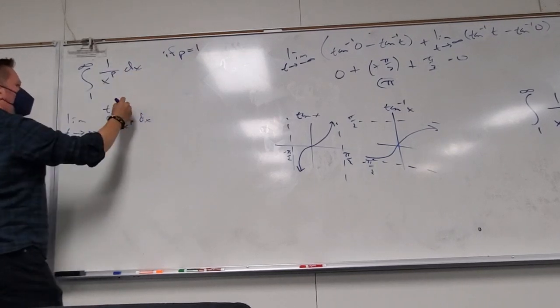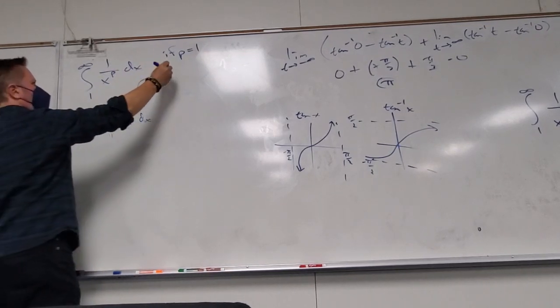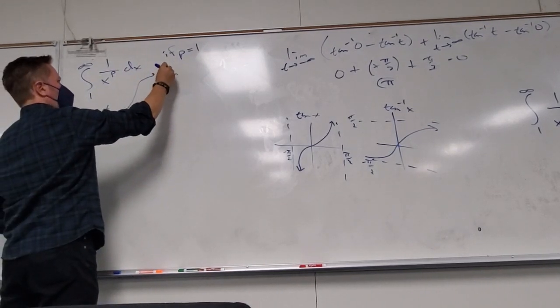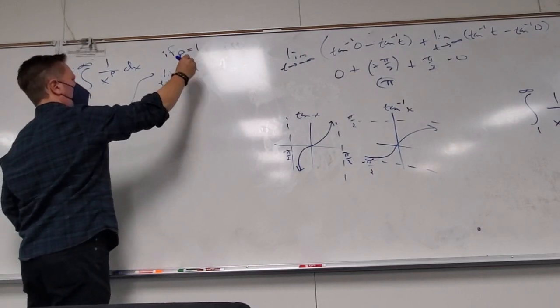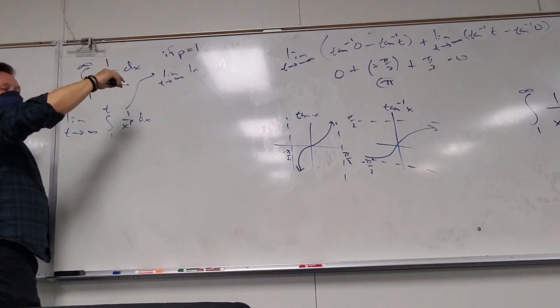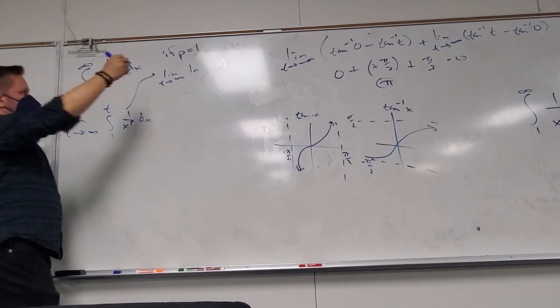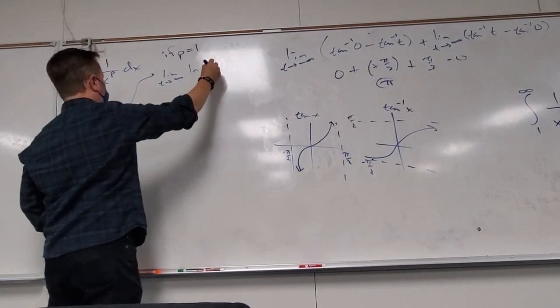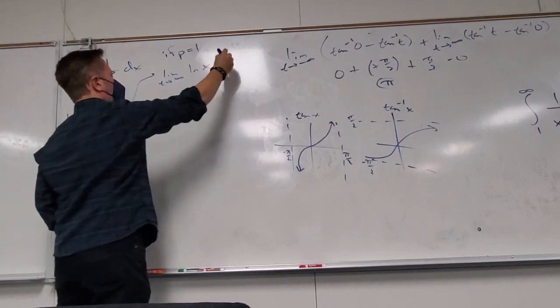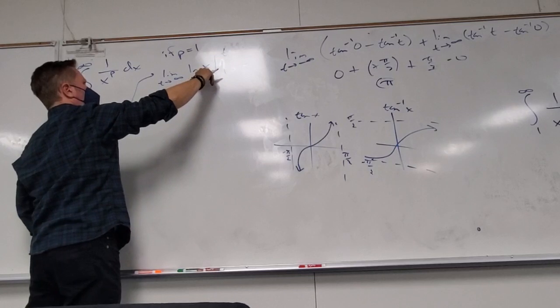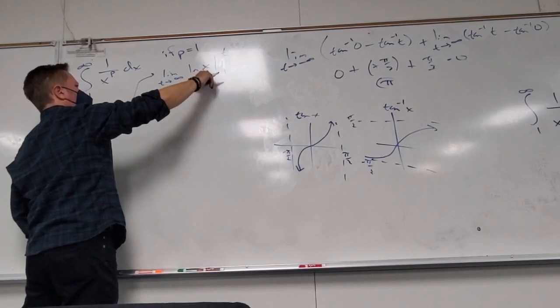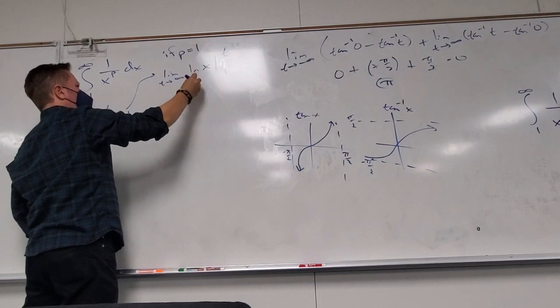If p equals 1, this integral is going to be the natural log of x, evaluated between 1 and t. And what happens when you let the input go to infinity? It goes to infinity.